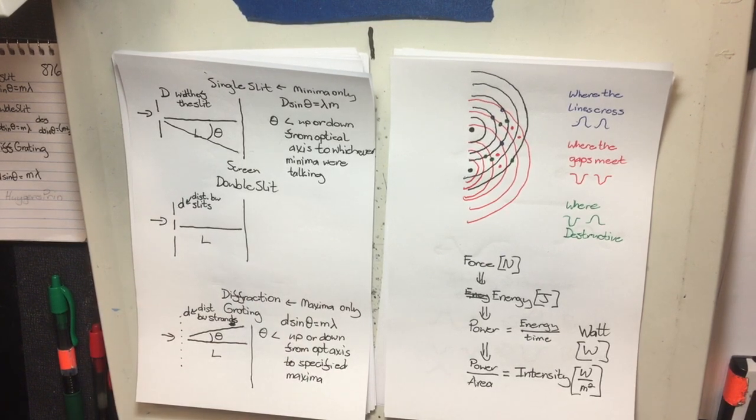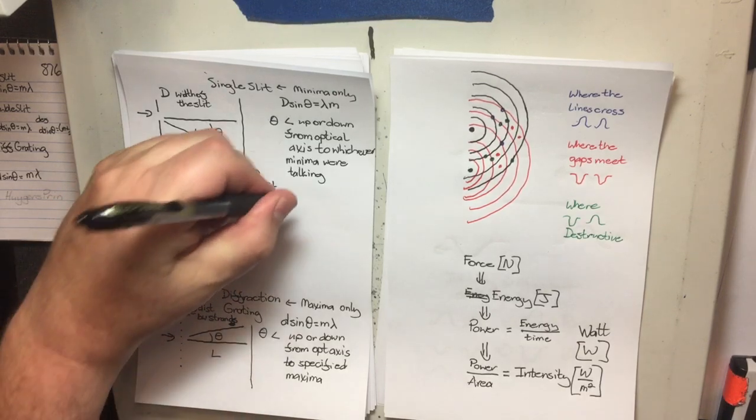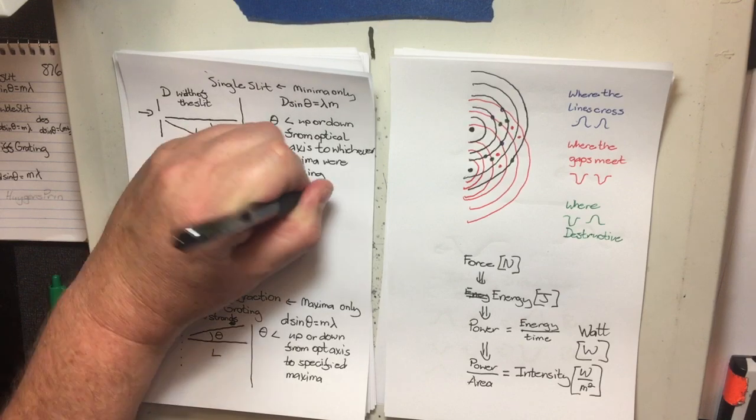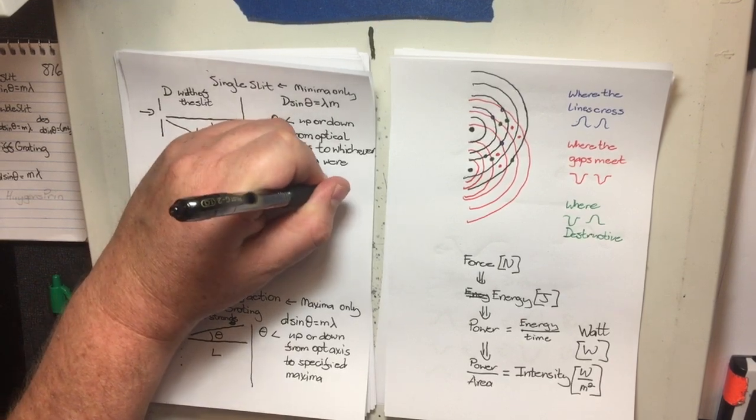In the single slit, it is minima only we care about, the dark spots. Diffraction grating, maxima only. The double slit, we can study minima and maxima.